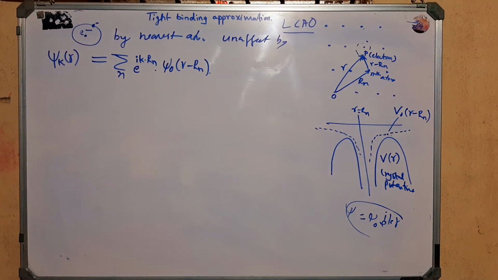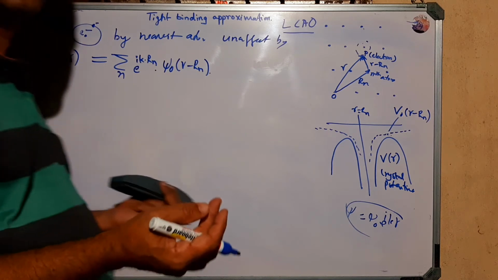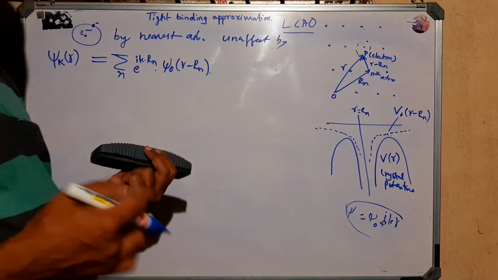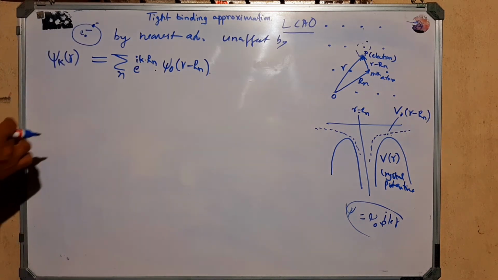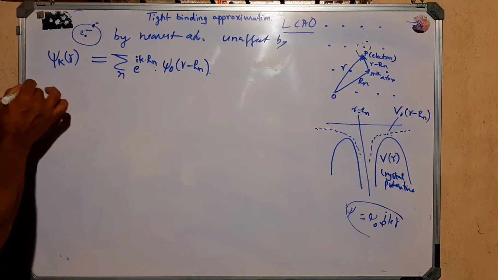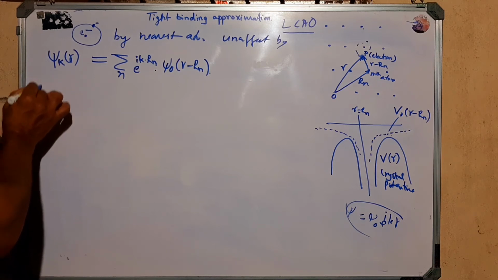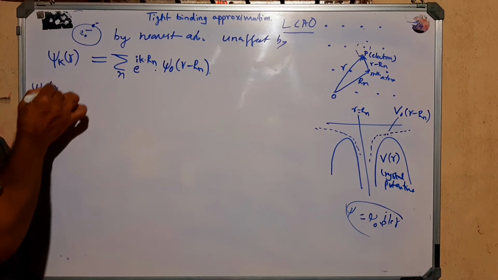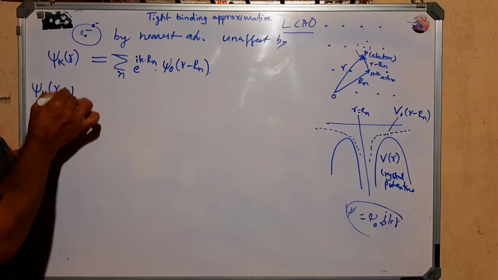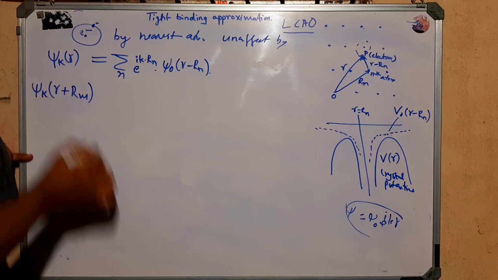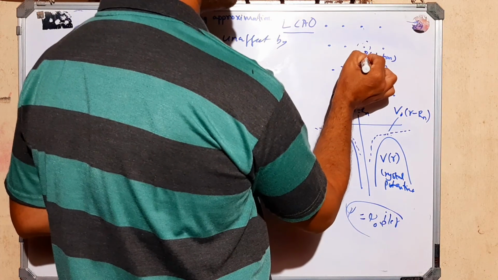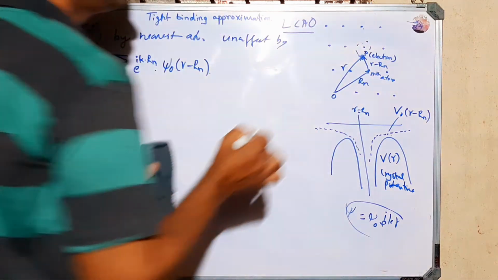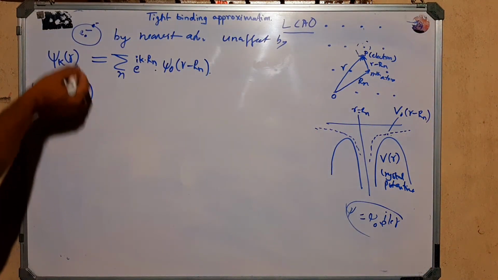Therefore, we have to check whether, if the electron is moving in the periodic potential, it should satisfy Bloch theorem. Let us check whether it is satisfied or not. That means let us calculate the wave function at a distance r plus rm. So when you move a distance equal to rm, whether you are getting the same value xi k of r.